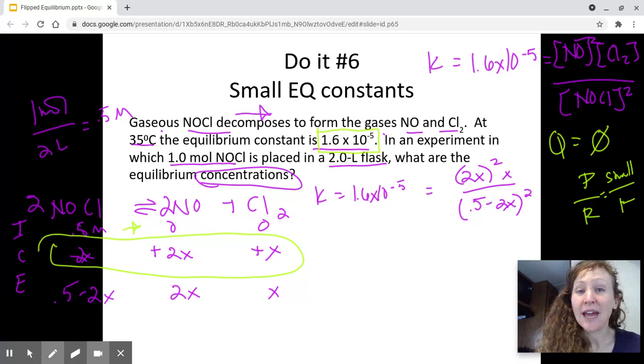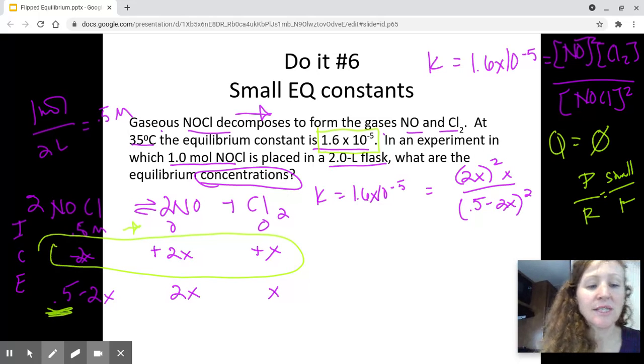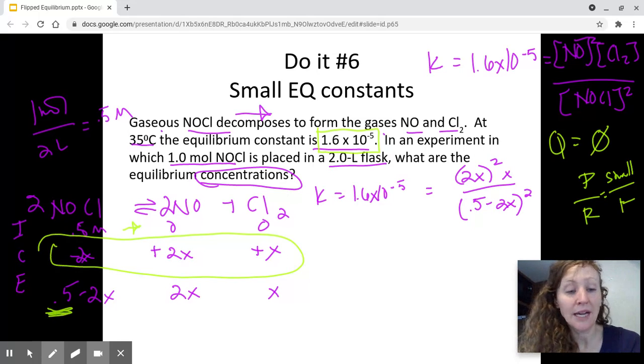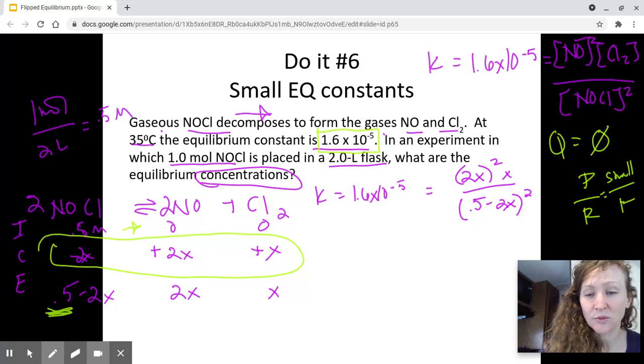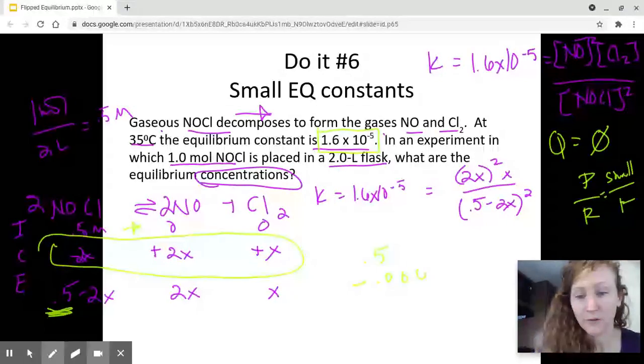Now, if X is small enough, it may not even affect other integers. So look at NaCl, for example. NaCl is 0.5 minus 2x. If x is on the order of the K, what would 0.5 minus something to the negative fifth, 10 to the negative fifth, be? 0.1, 2, 3, 4, 5.